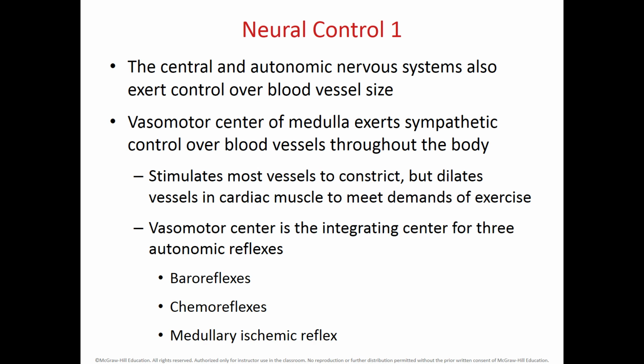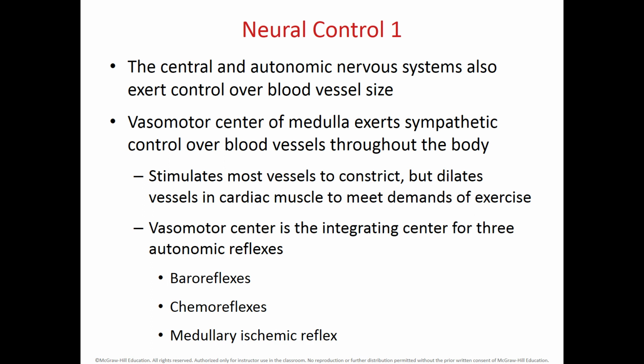The neural control of the blood flow can happen within the CNS and the ANS. And within the medulla oblongata, above the spinal cord, we have the vasomotor centers that are part of the sympathetic system, the ANS, that helps to control the diameter of the blood vessels.